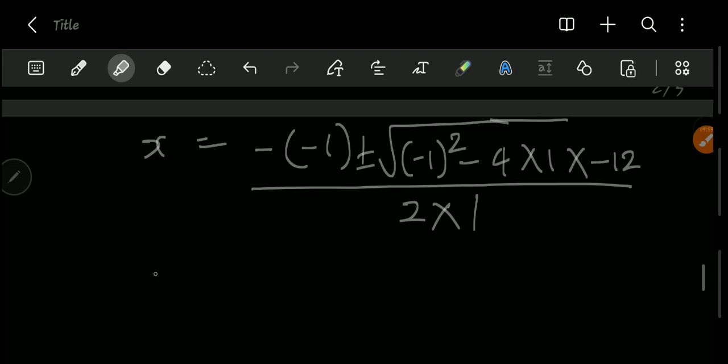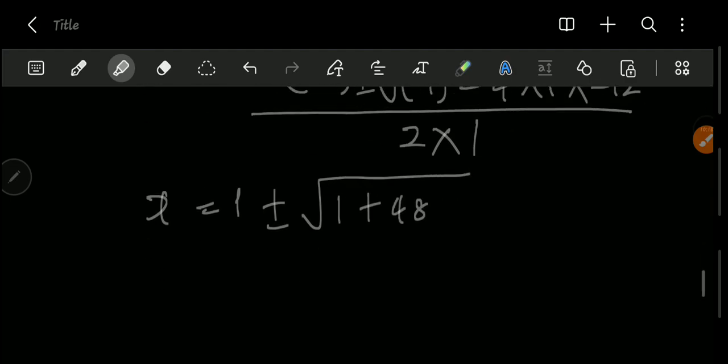So simplifying, I have that x will be equal to minus minus gives me plus 1, right? So this is 1 plus or minus the square root of minus 1 squared, which is minus 1 times minus 1, that gives me plus 1, right? Then minus minus gives me plus. 4 times 1 is 4, 4 times 12 is 48, right?